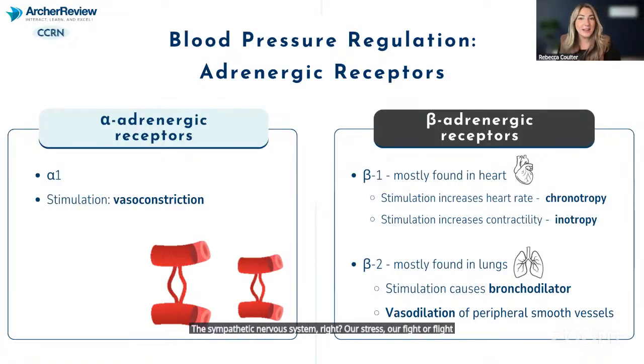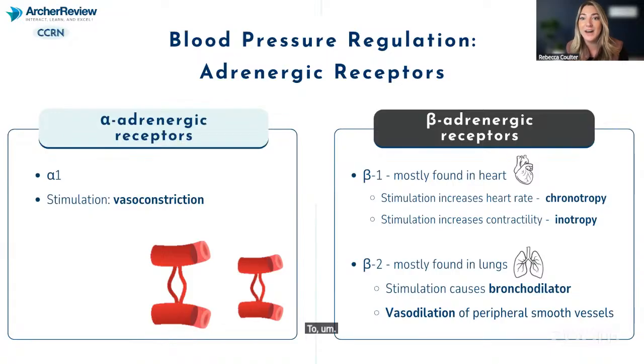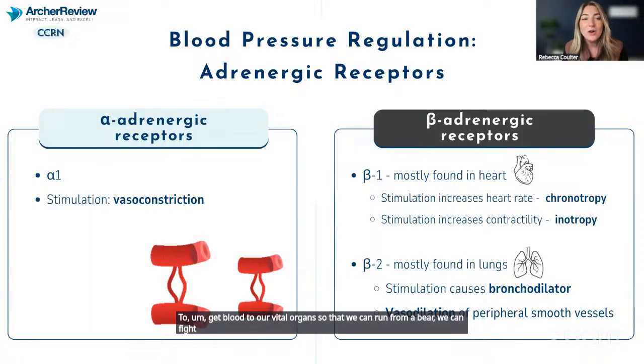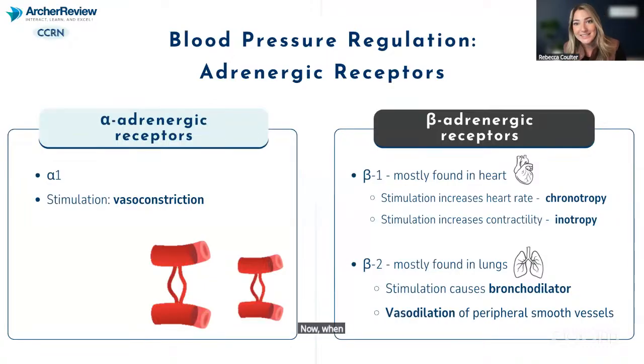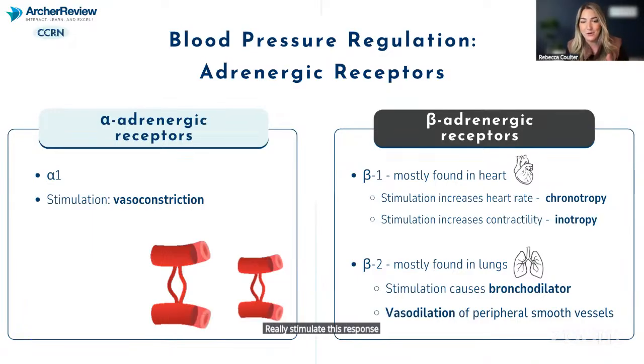When we are in fight or flight response, our sympathetic nervous system kicks in to get blood to our vital organs so that we can run from a bear, we can fight an intruder, we can do what we need to do. Now, when our patient is laying in an ICU bed and they are maybe intubated and sedated, we will sometimes give them medications to stimulate this response, make it happen for them.